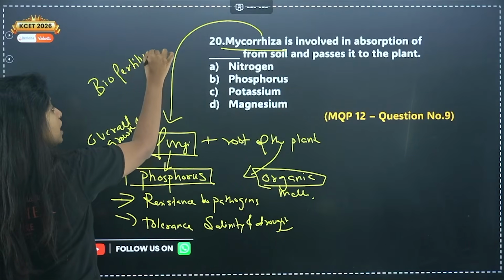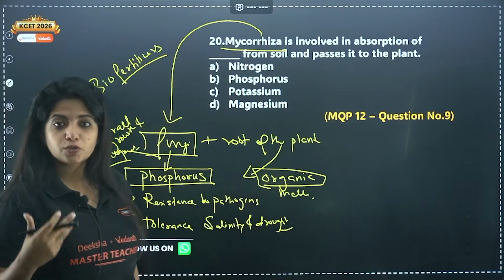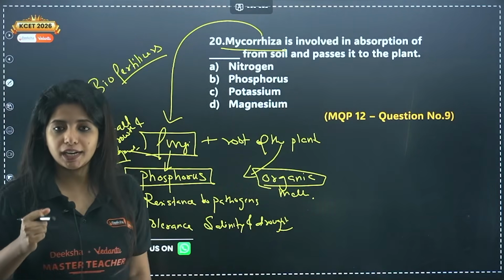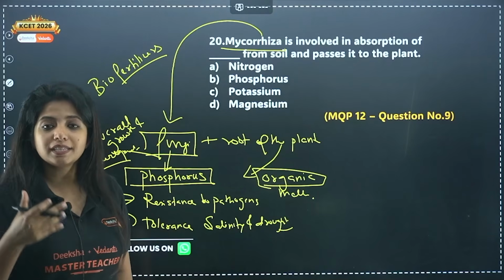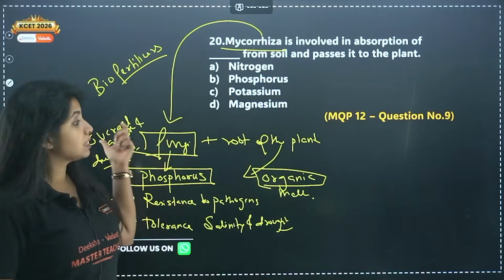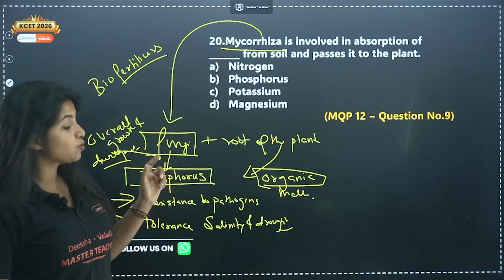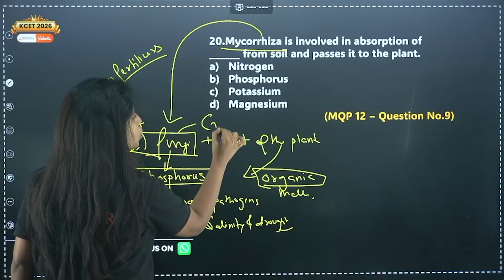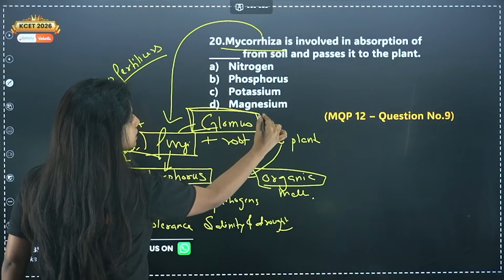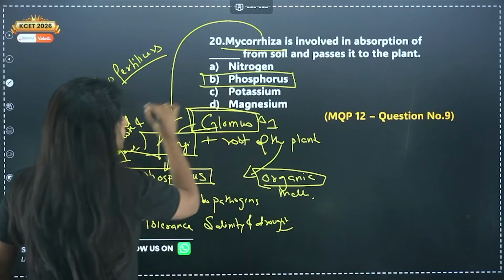Fertilizers are chemicals which provide nutrition to the soil, right? Biofertilizers are organisms which act like fertilizers, helping in increasing the nutritional quality of the soil. One such example is mycorrhiza, and please remember this fungi belongs to Glomus. So the answer for this question is B.